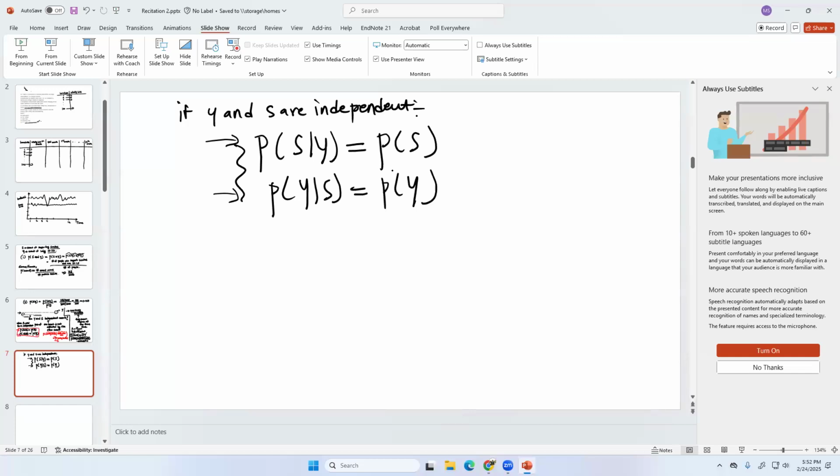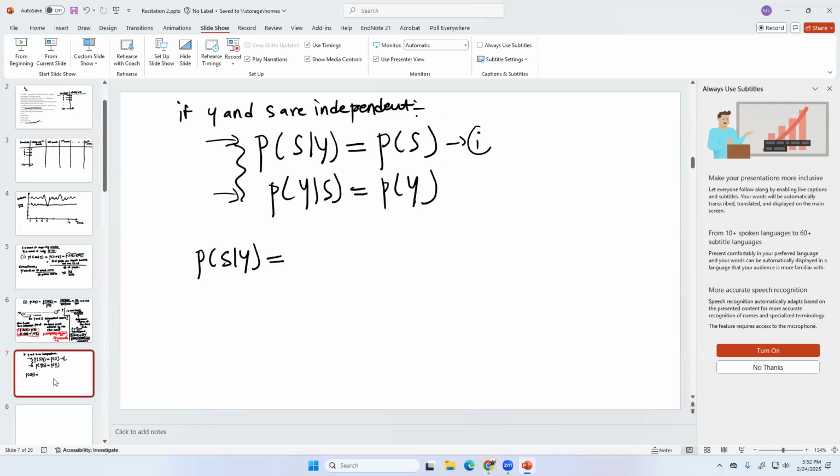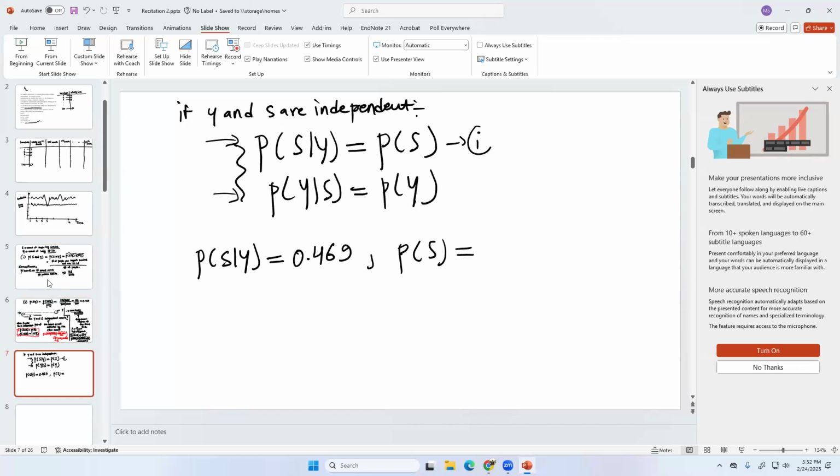Let's work with equation 1. We already calculated this in part 2, and S given Y is 0.469. What is the probability of S? Did you already find that?